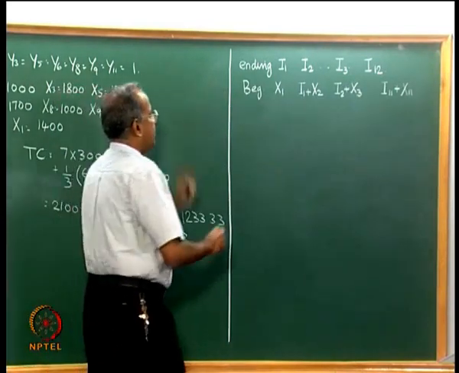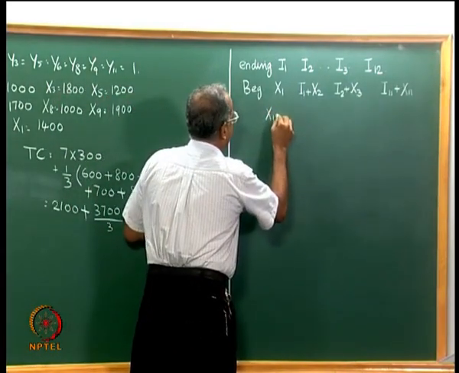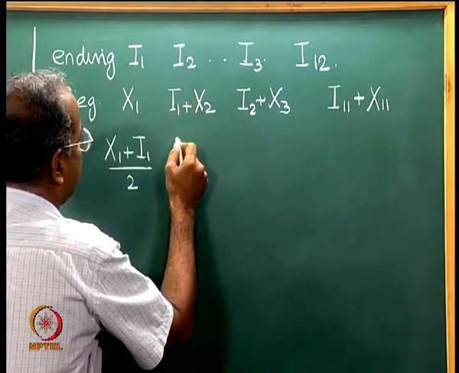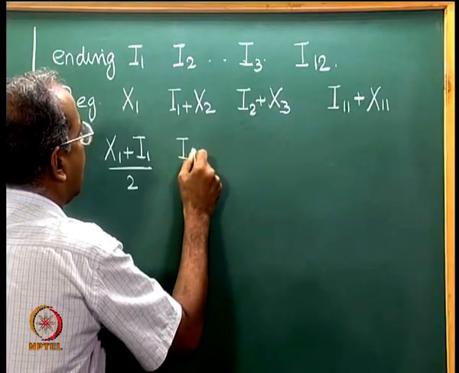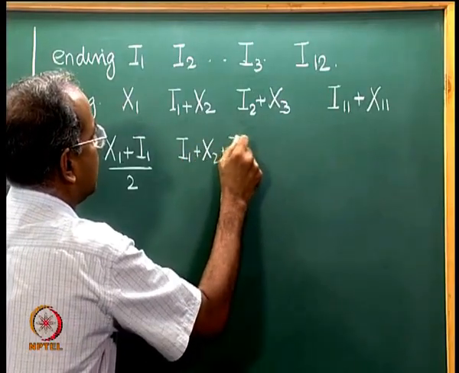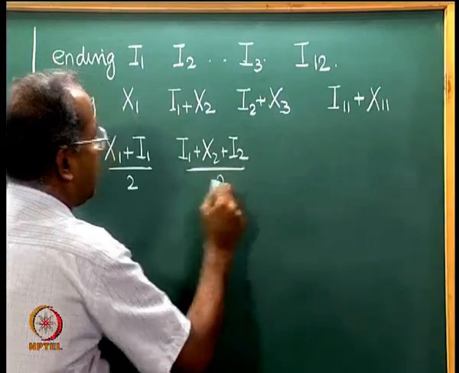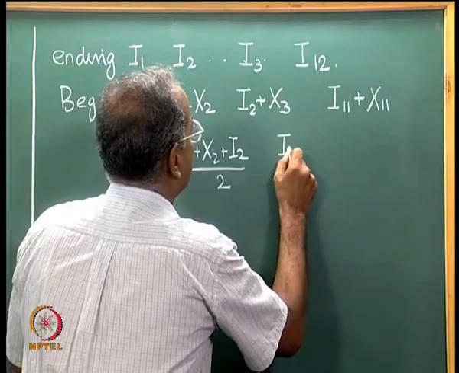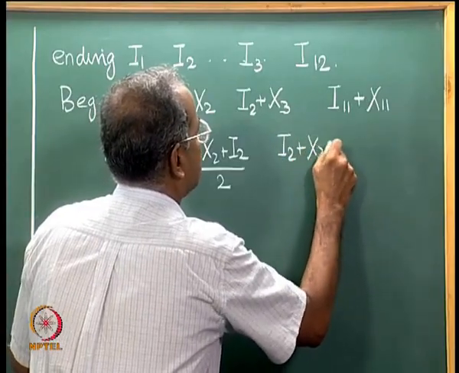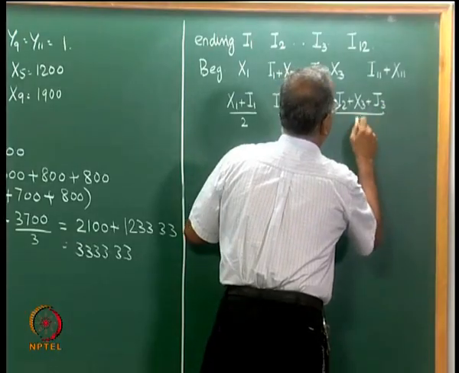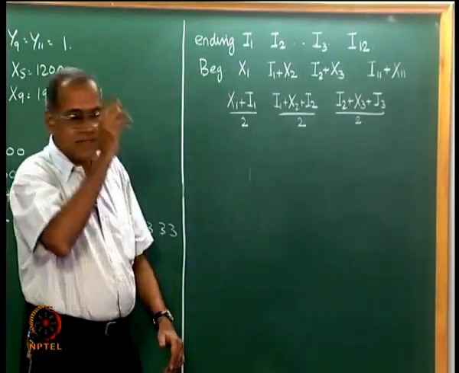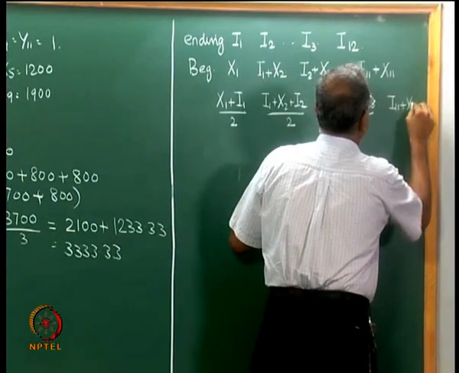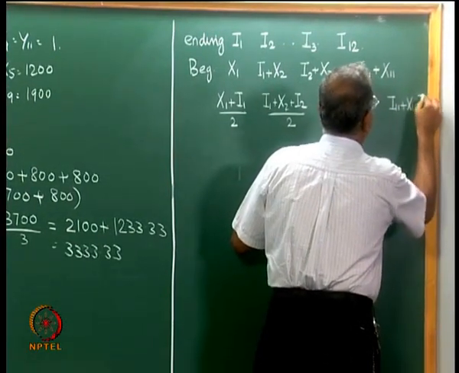The average inventory for month 1 will be x1 plus I1 divided by 2. For month 2 it will be I1 plus x2 plus I2 divided by 2, and one more term will be I2 plus x3 plus I3 divided by 2.